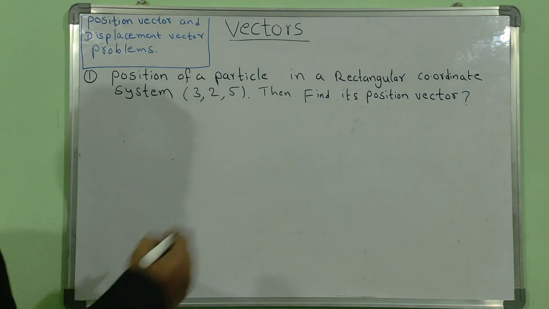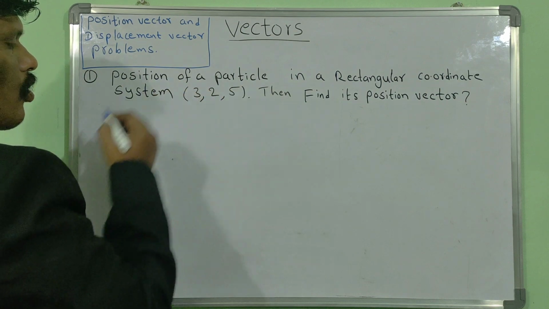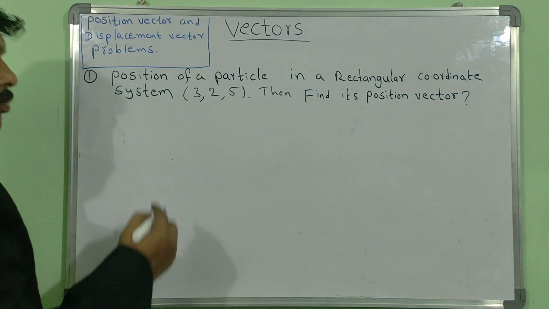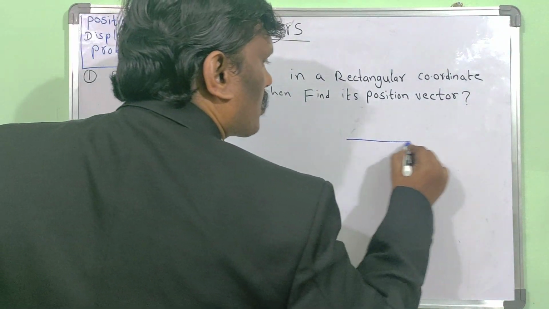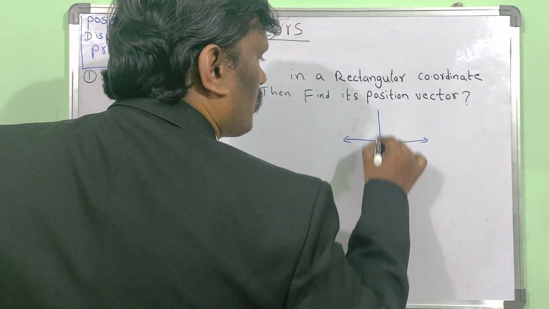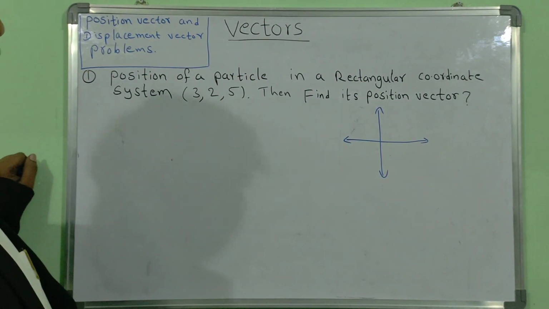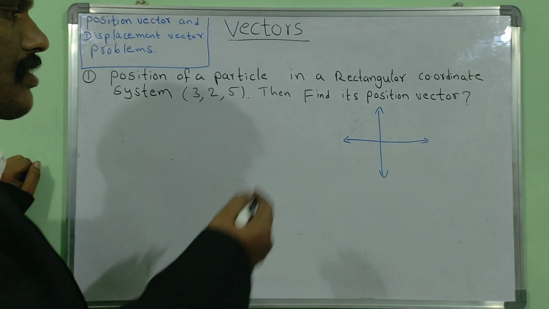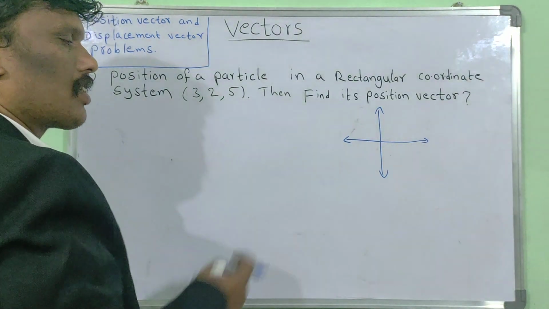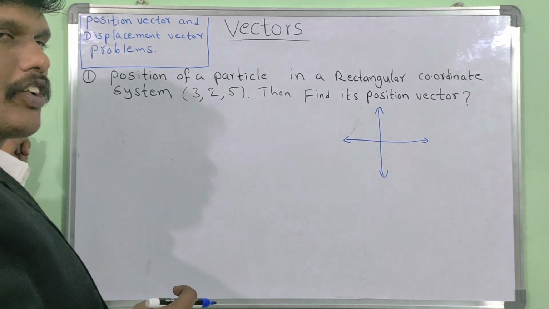So where is the position of the particle? In the XYZ coordinate system. Let us see, this is the representation of the x-axis, this is the representation of the y-axis, and the representation of unit vectors I explained in previous videos. I will share the link in the description. If anyone requires, just watch that video also.